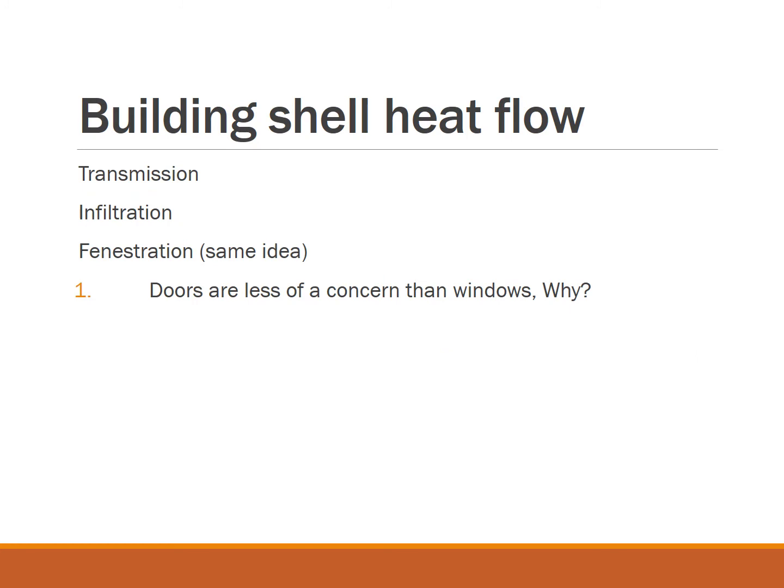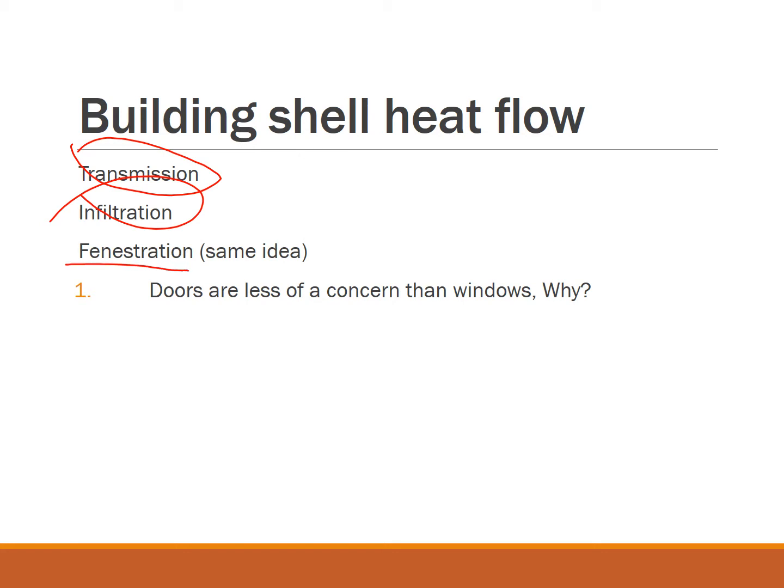Moving on. So again, two types: transmission and infiltration. What is transmission? Transmission is heat loss or heat movement through walls, through windows and doors. Infiltration is the air leaking from the house to the outside, from the outside to the inside as well. What is fenestration?